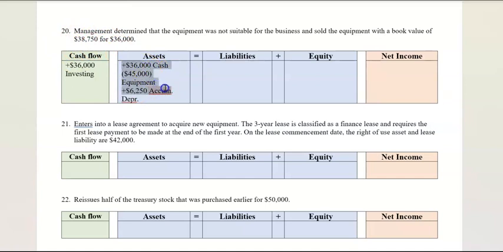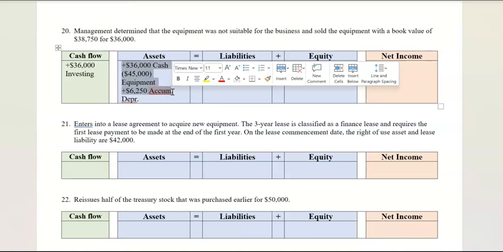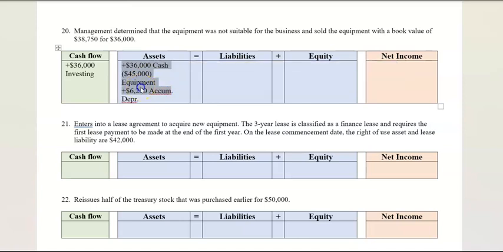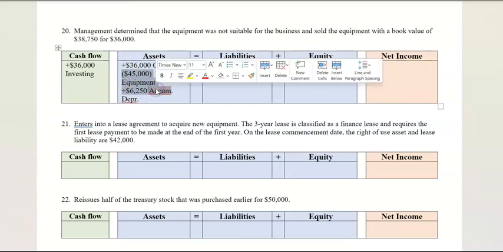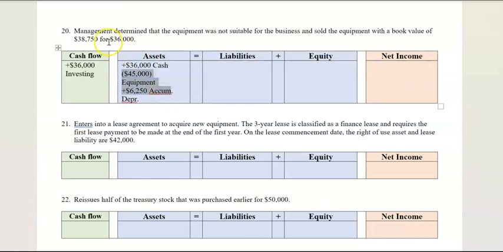But when we add these three things up, we see that our equation doesn't balance. What are we saying? We got $36,000 cash in exchange for something that was worth on the books $38,750. That difference we would record as a loss on the sale of the equipment.